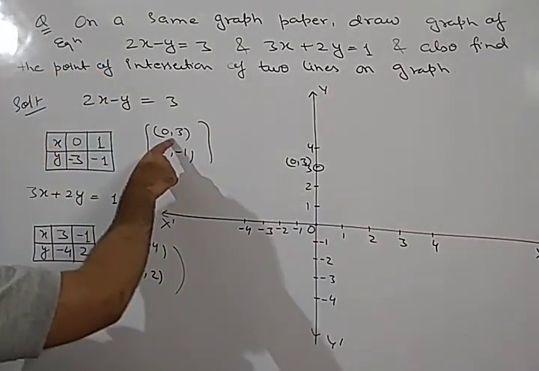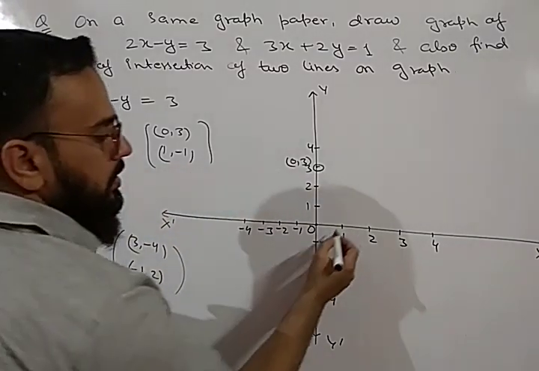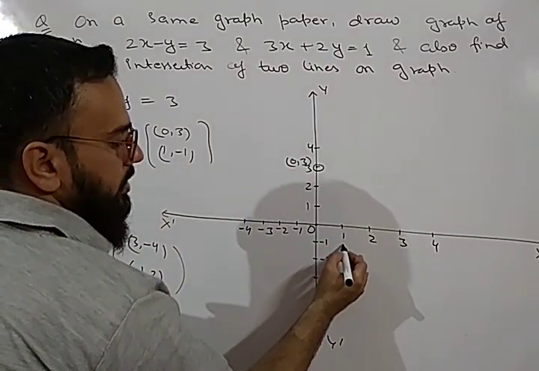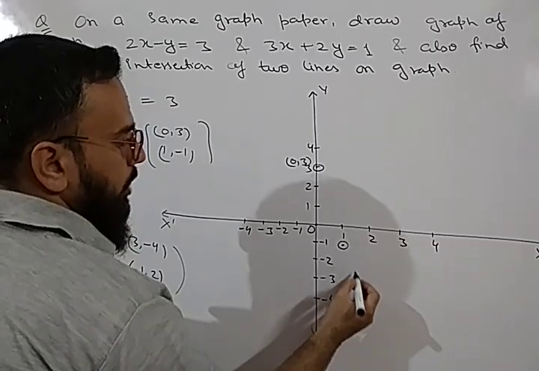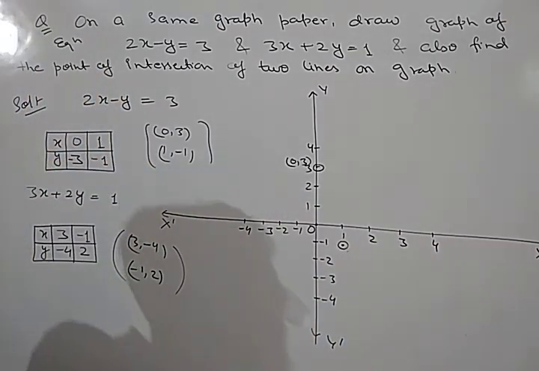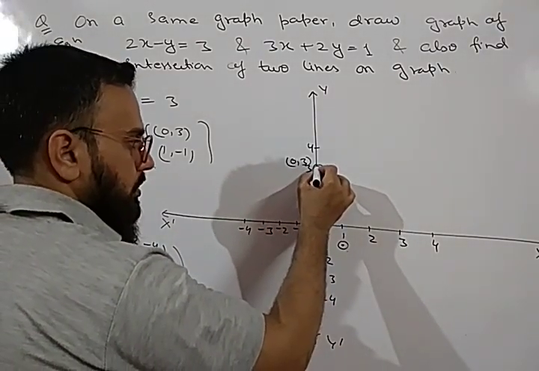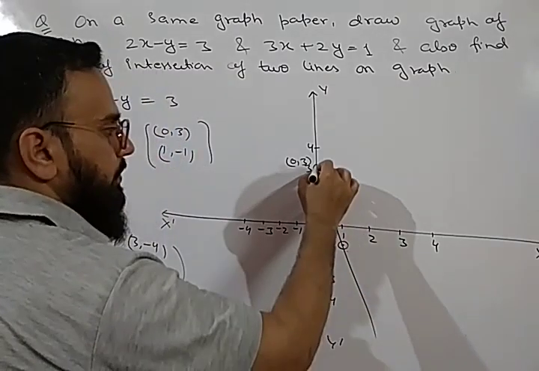So first we have plotted the point 0, 3. Then the second point is 1, minus 1. So x equal to 1 and y equal to minus 1. So this will be the point 1, minus 1. Now join these 2 points in this way.